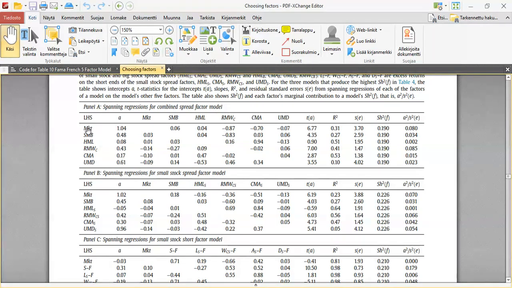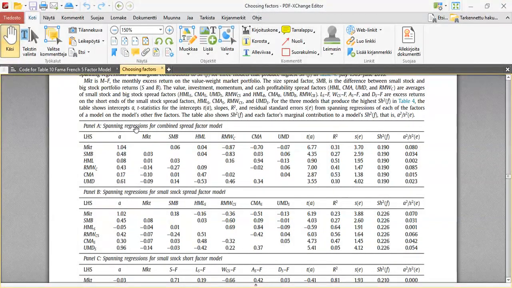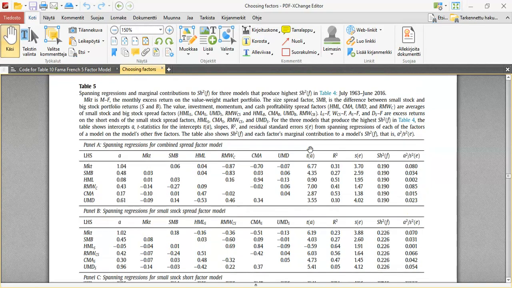So including the market factor increases the mean variance frontier. We see also here that these remaining 5 risk factors explain 31%, which is the R squared, 31% of the variation of the left-hand side return, which is the market factor. So the market factor is obviously very important.